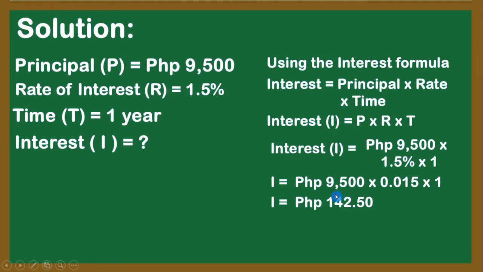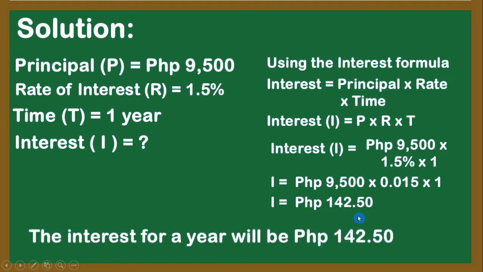Then taking the product of 9,500 pesos times 0.015 times 1, we have the interest I is 142 pesos and 50 centavos. The final answer: the interest for a year will be 142 pesos and 50 centavos.